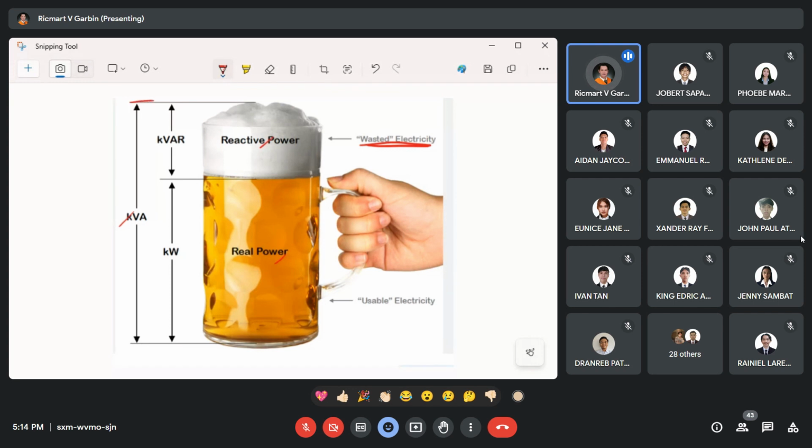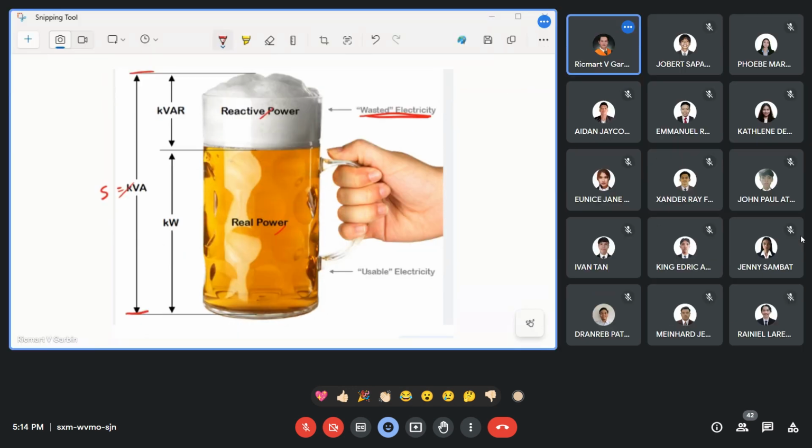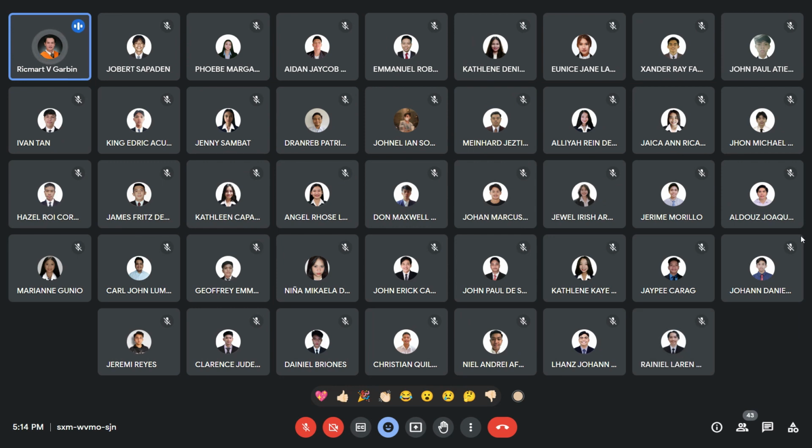Tapos, yung total nila, yun yung ating apparent power. Maliwanag po. So, ang kailangan lang talaga natin is yung real power. Na-share ko lang para mas madali ninyo ma-visualize kung ano ang ibig sabihin ng mga yan.